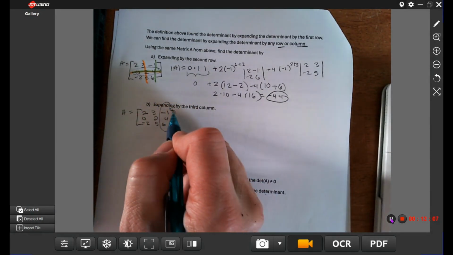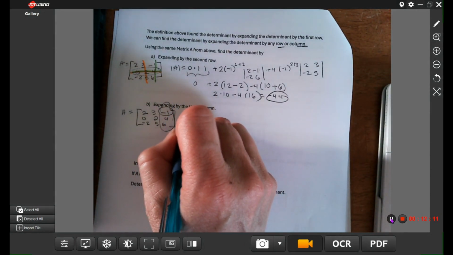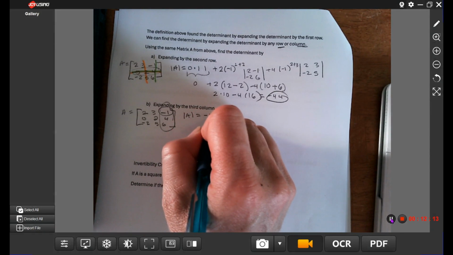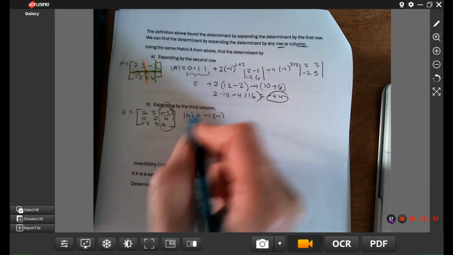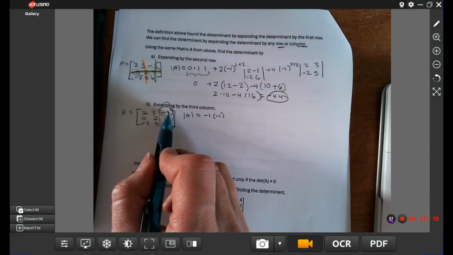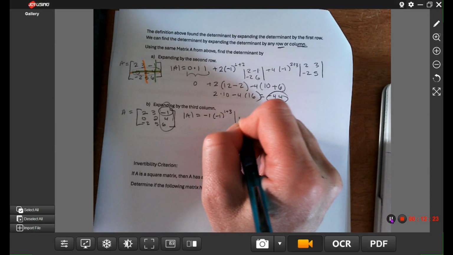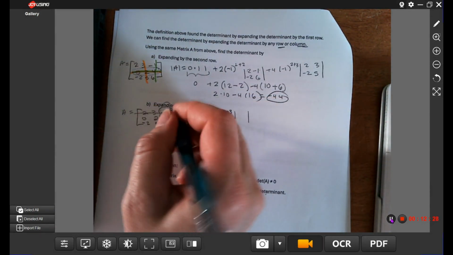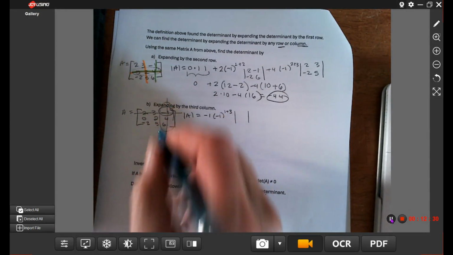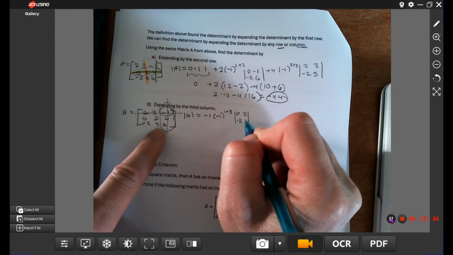So I'm going to start with my first entry. So the determinant, negative 1 from the entry, multiplied by negative 1 to the power of row 1, column 3, so 1 plus 3. And then the remaining matrix, when I cross out row 1, column 3, is 0, 2, negative 2, 5.